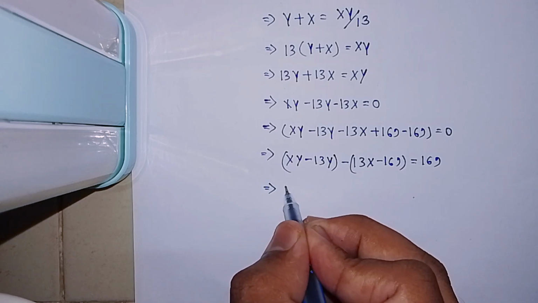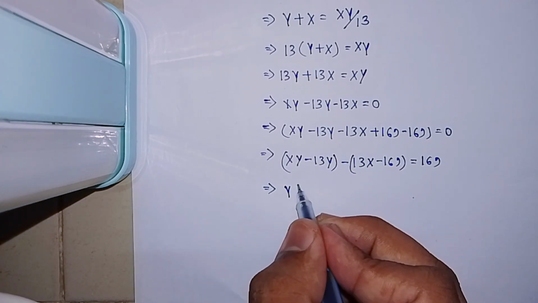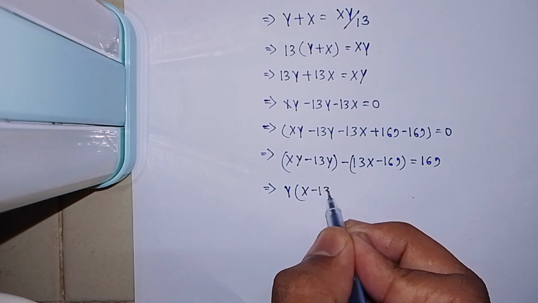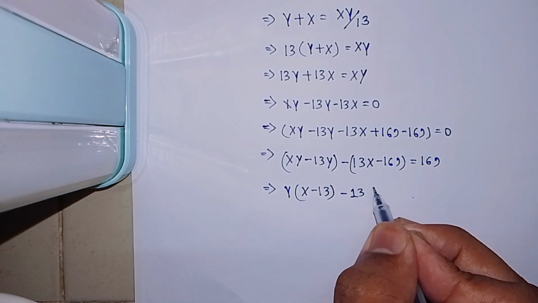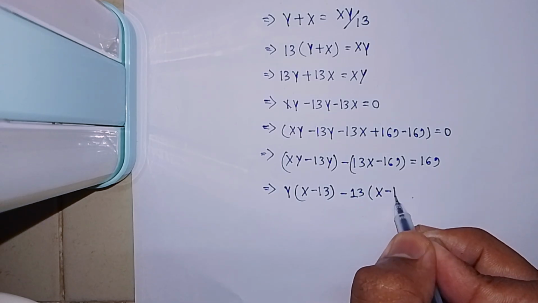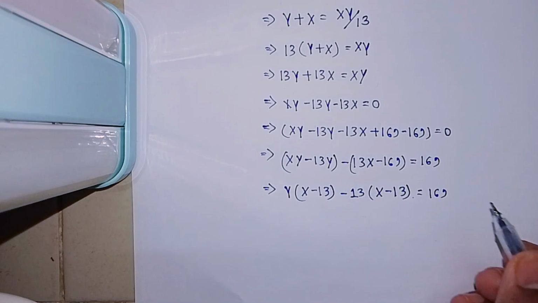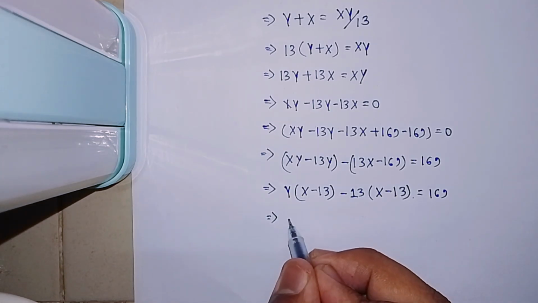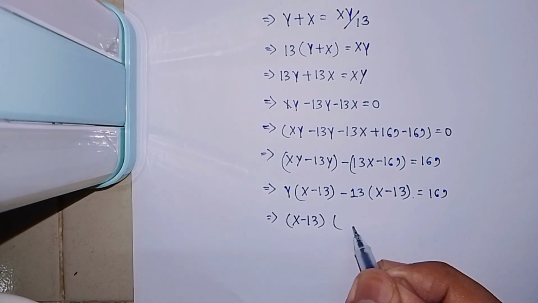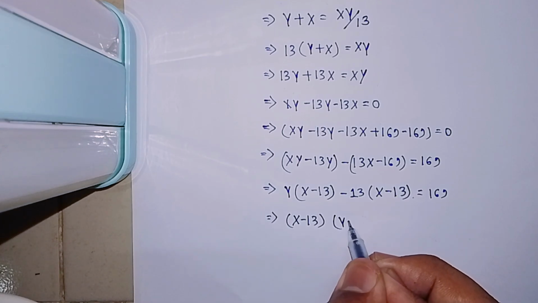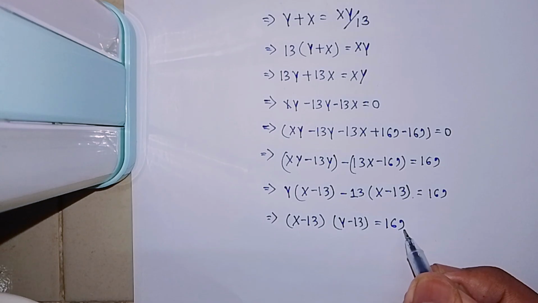Then we take y common in here, so we can write y(x - 13), and then take -13 common in here, so we can write (x - 13)(y - 13) equal 169.